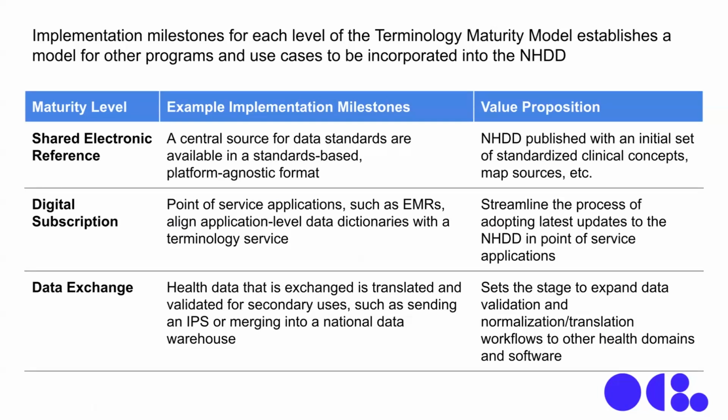And these could be models that other projects could follow for how they could climb from the shared electronic reference level to digital subscription, or from digital subscription to data exchange.